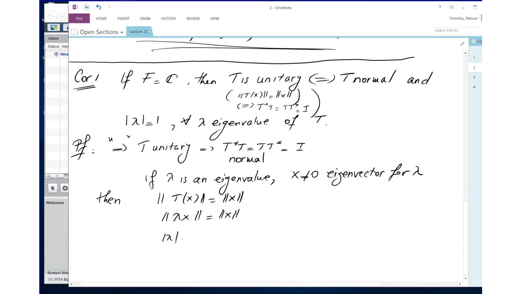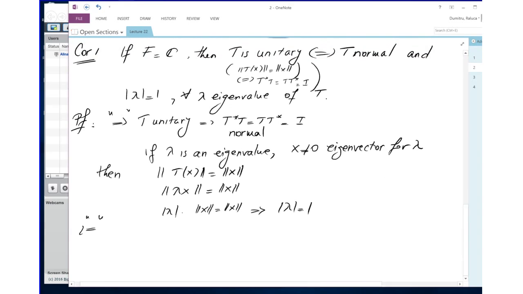So absolute value of lambda times the norm of x. X is an eigenvector, so it cannot be 0. So the only way in which this can happen is if the eigenvalue has absolute value 1. Okay, so we've seen this idea before. I'm still not using the spectral decomposition. I'm going to use it for going backwards. So if you assume that T is normal and every eigenvalue has absolute value 1, we want to show that T is unitary.